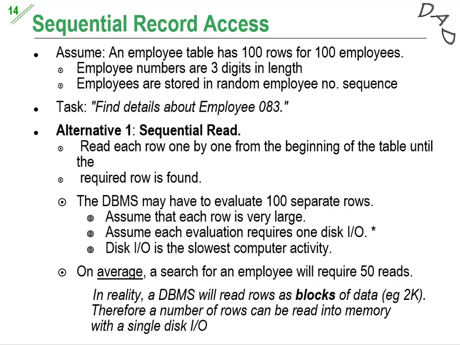Now our task is to find the details about employee number 83. So what are the alternatives we have? Alternative number 1 is we can sequentially read each and every row until we find employee number 83. We read row by row from the beginning of the table until the required row is found.